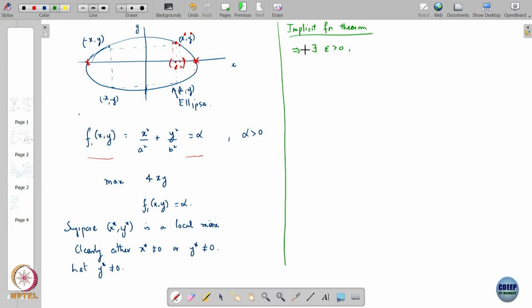and opens, so number these, that is 1 an epsilon greater than 0, 2 an open set V containing my point x star y star, and a differentiable function g.